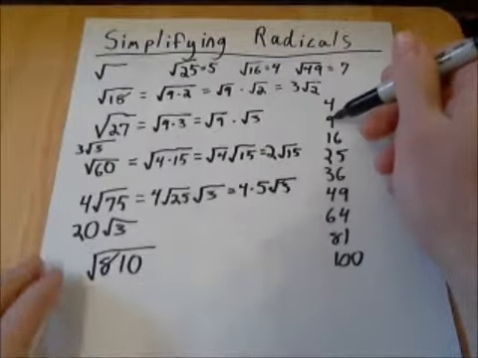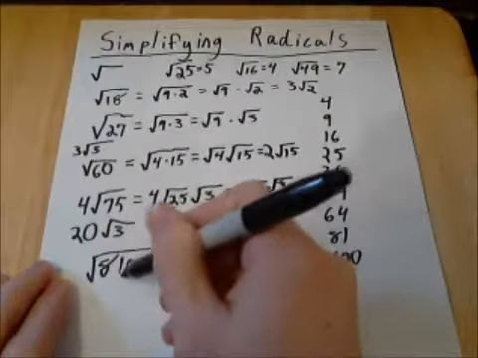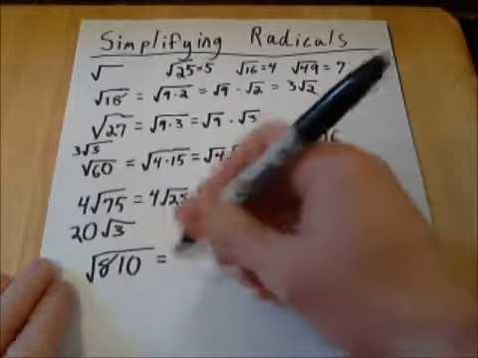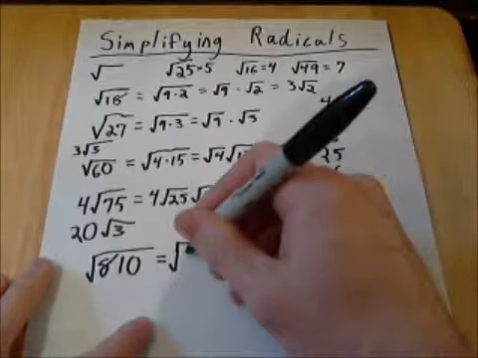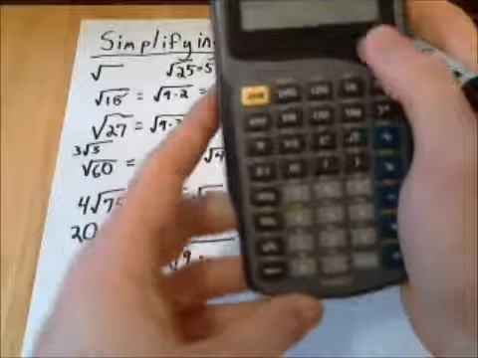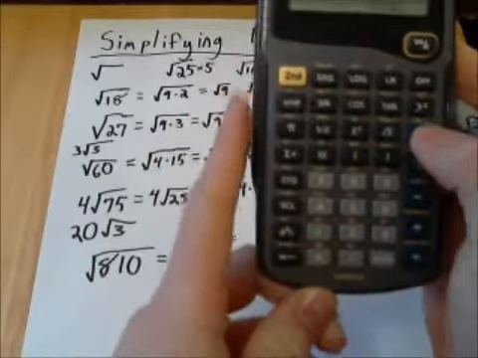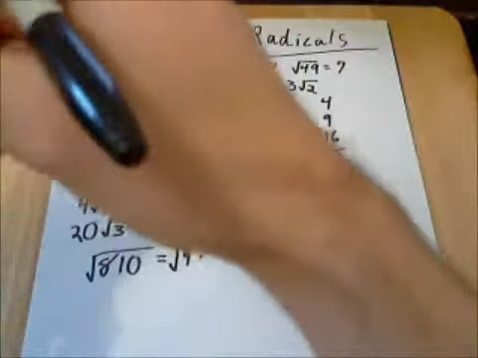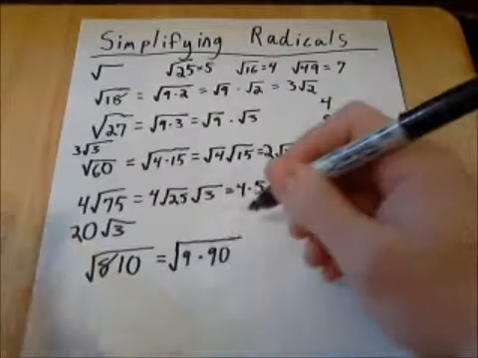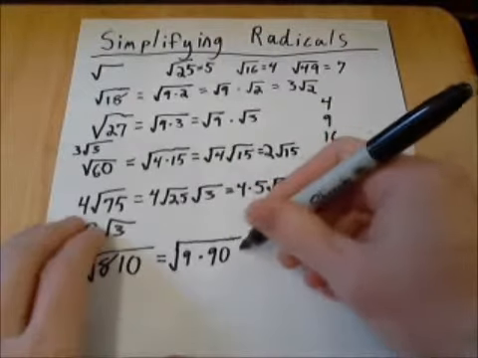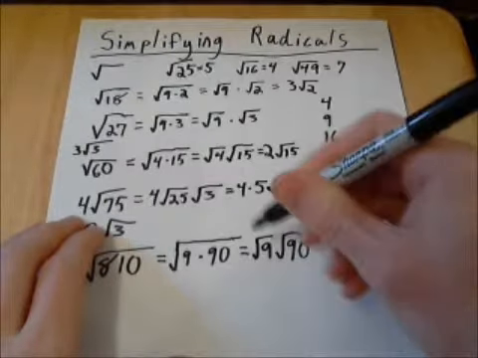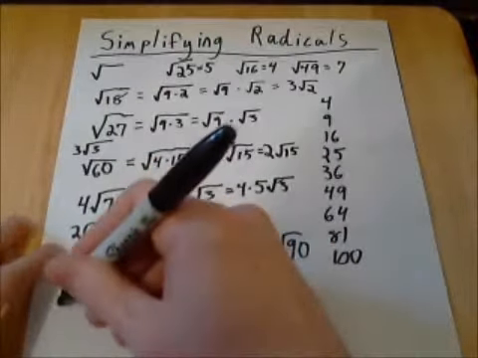It looks to me like 9 is going to go into 810 because of this 81. 9 goes into 81. So let's try that one out. So it equals the square root of 9 times, and it's okay to use a calculator on these because sometimes you just have to. 9 is going to go into 810 90 times. So we can break this up: the square root of 9 times the square root of 90, which gives us 3 times the square root of 90.